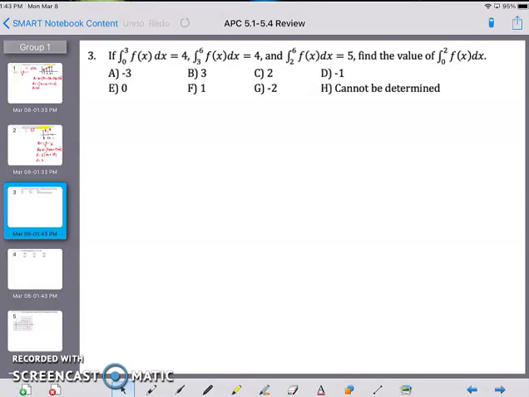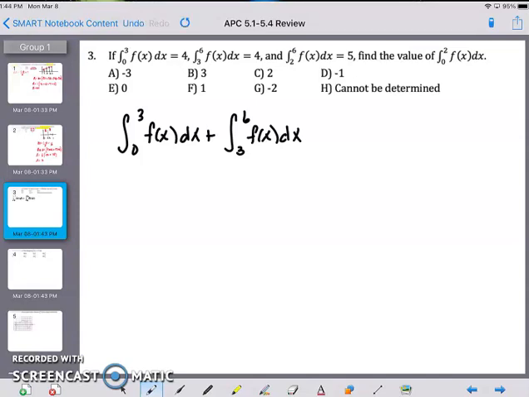So if I know the integral from 0 to 3 of f of x dx, and I add to that the integral from 3 to 6 of f of x dx, then that would give me the total area from 0 to 6.